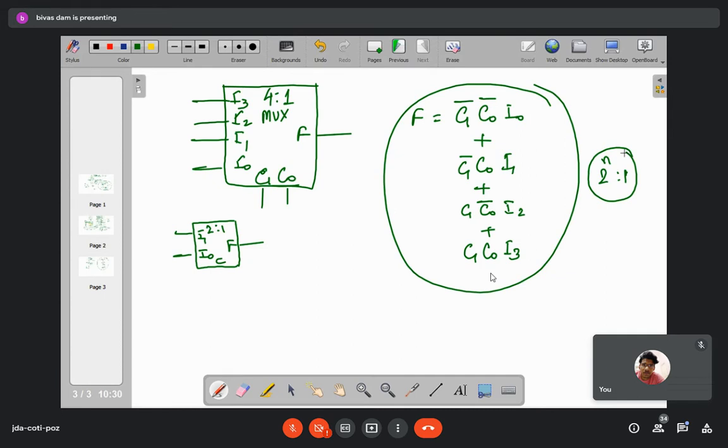In some places you may see that the word is missing. But as it is 2:1 or 4:1 or 2 to the power n:1, that implies it is one multiplexer, though it is not explicitly written. But as the 2:1 is mentioned, it will be implied to be one multiplexer.